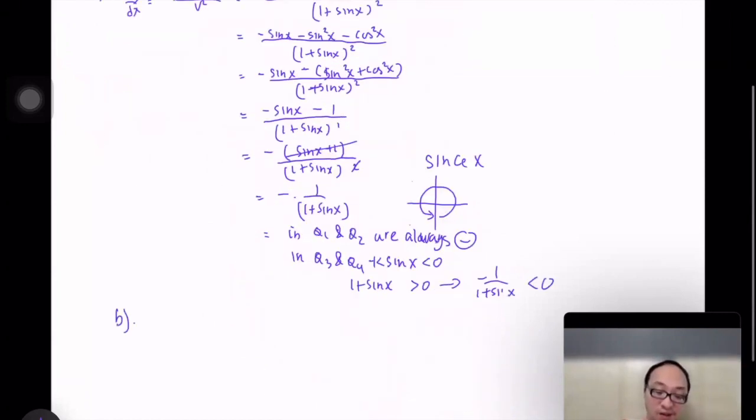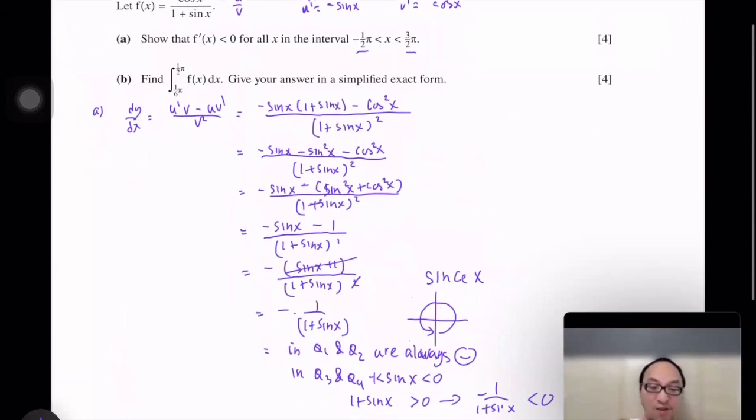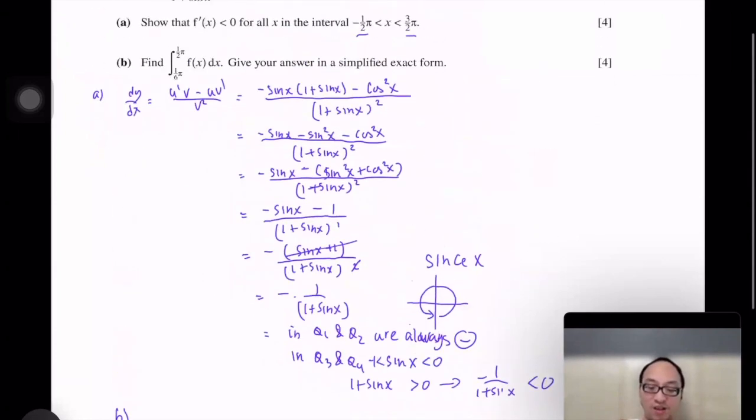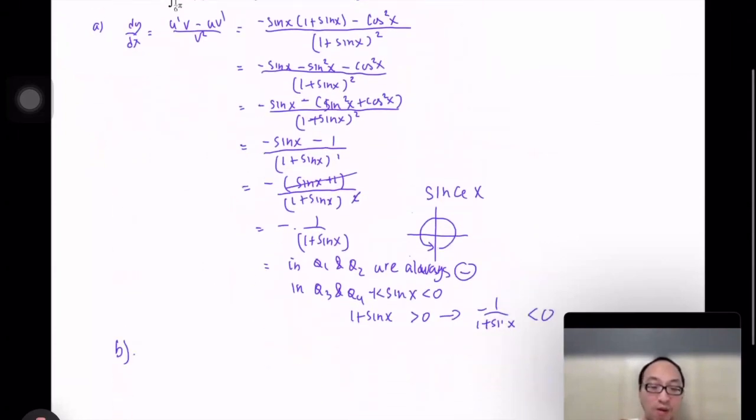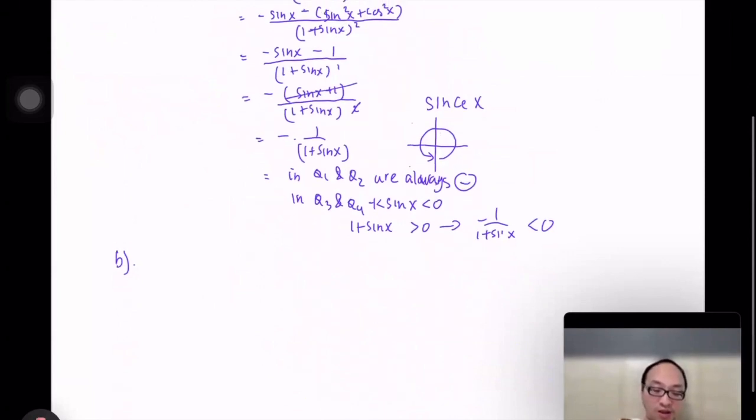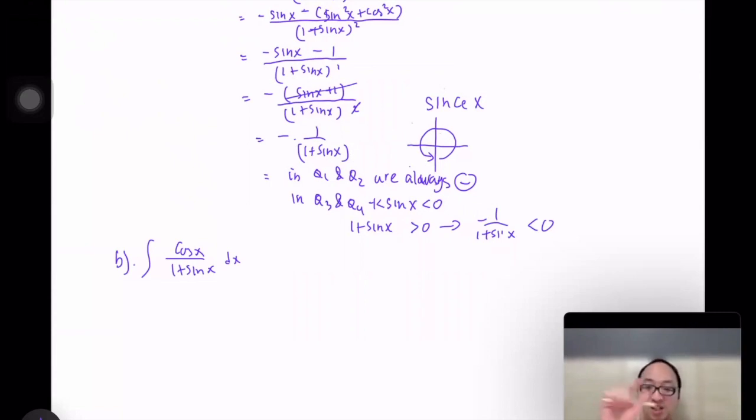B. Find the integral. Simplify the exact form. Okay, so the integral of cos x over (1 plus sin x) dx. Now this is substitution because the numerator is the derivative of the denominator.